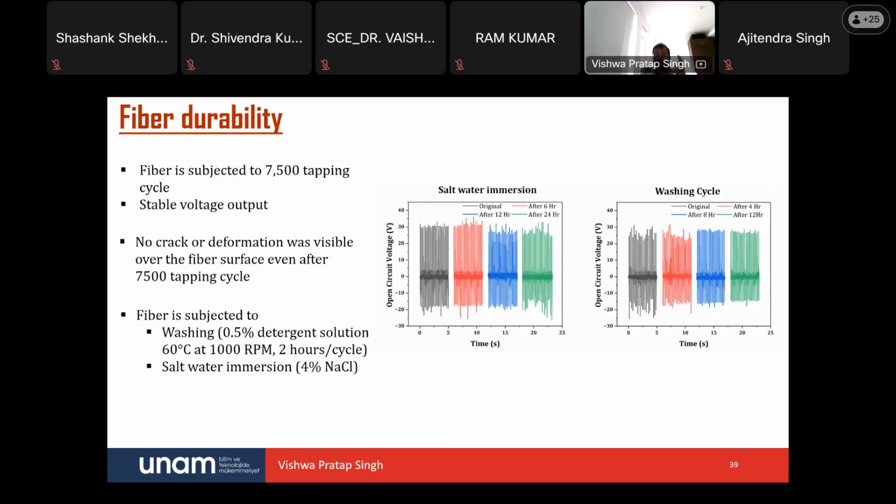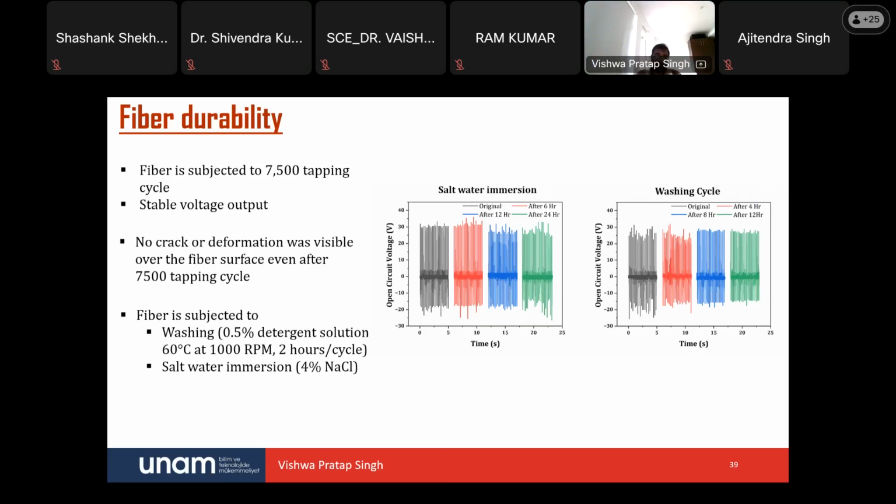We also did the measurement in salt water. We put our fiber inside salt water and then tapped it, and after removing it, we are getting good output. We also put this in a drum-type washing machine and rolled it for 4 hours, 8 hours, 12 hours. We got to know that there's not much impact on the performance.